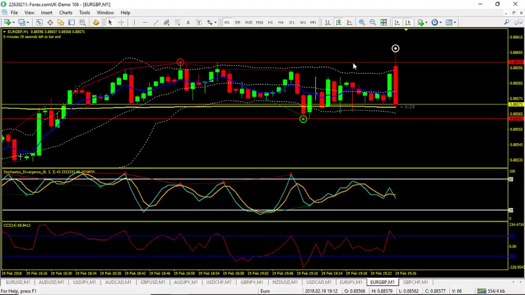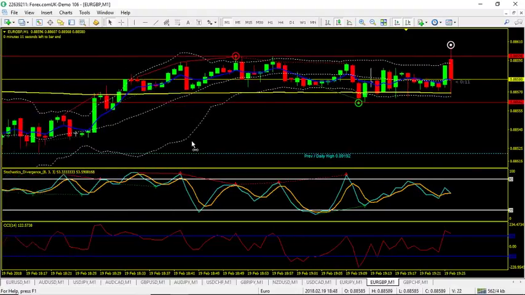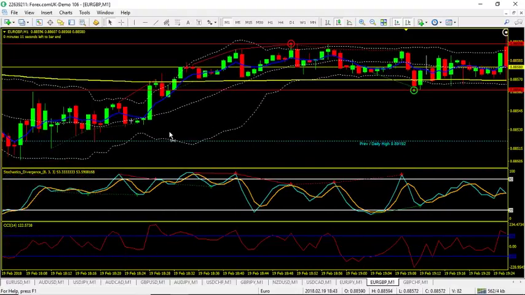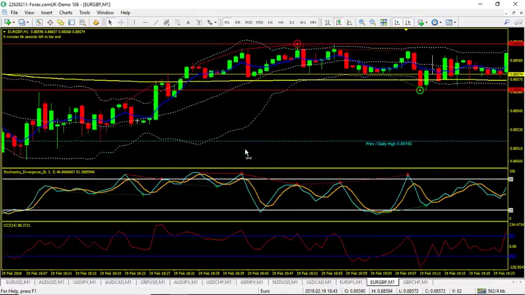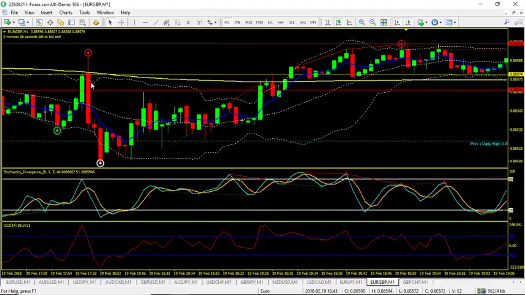Let me just clear this one here. But what we want to see is a break of the Bollinger band, CCI should be underneath here, and stochastic should be here. So let me find a trade setup that's actually quite good, so I can show you guys. Let's see, stochastic.